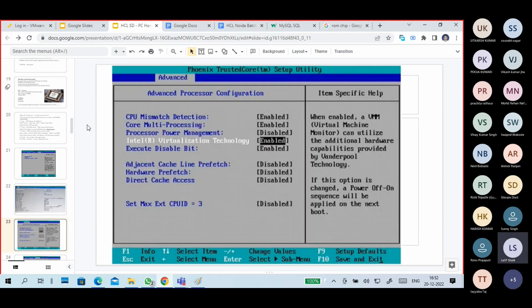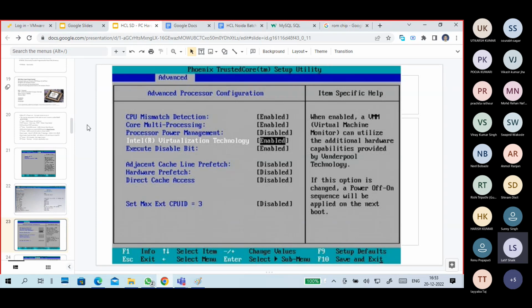Okay, this is the advanced part, where you can enable or disable or change certain hardware related settings. Here, if you see, Intel virtualization technology is enabled.